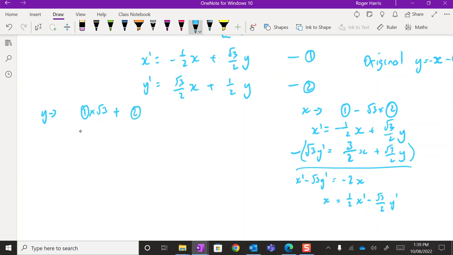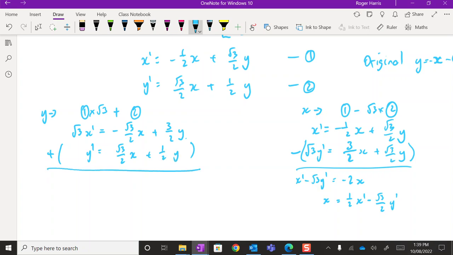So I'm going to get root 3x1 equals negative root 3 on 2x plus whole number 3 on 2y, and y1 equals root 3 on 2x plus a half y.